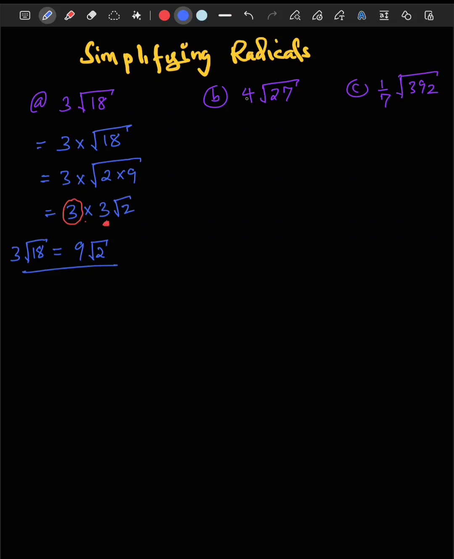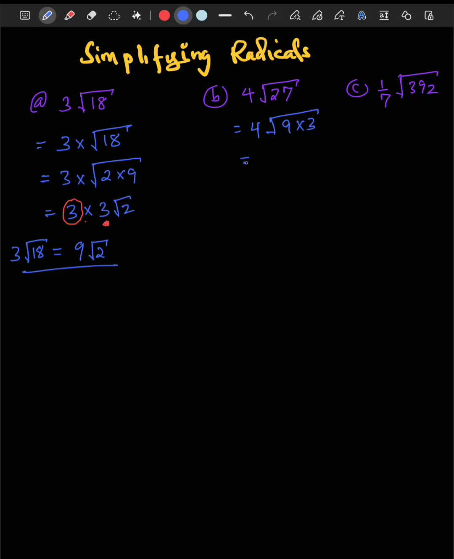Okay, for part B, also the same thing. This 4 is going to be multiplied by under root 27, and we already found under root 27 in the previous part of this video. To recap, this can be written as 4 times under root 27, but instead of writing under root 27, we can write that as under root 9 times 3.